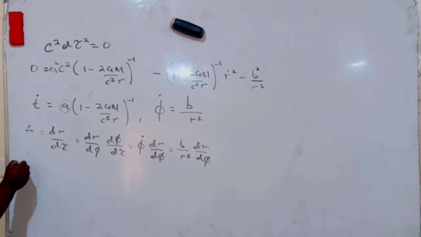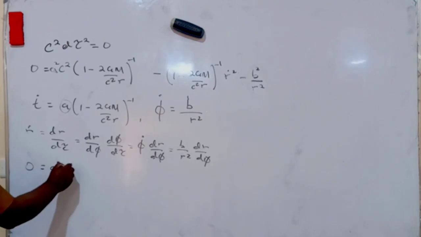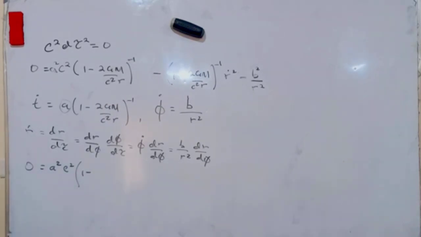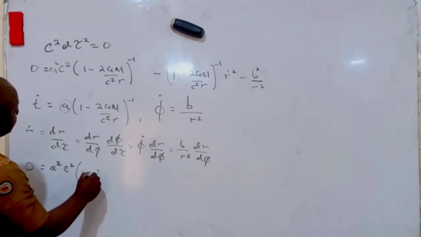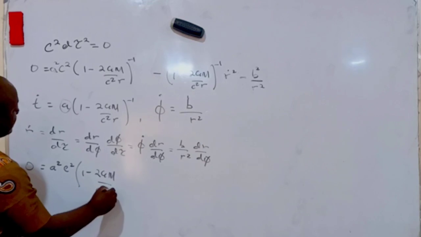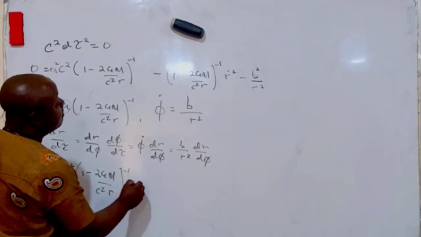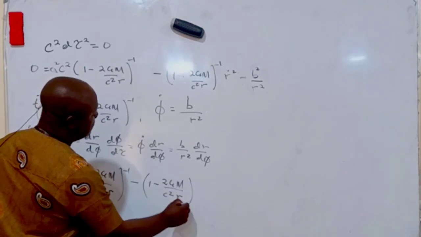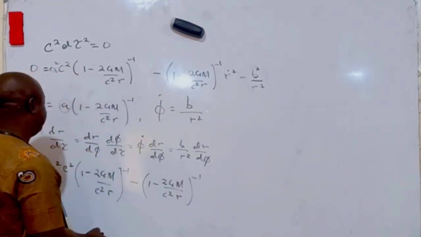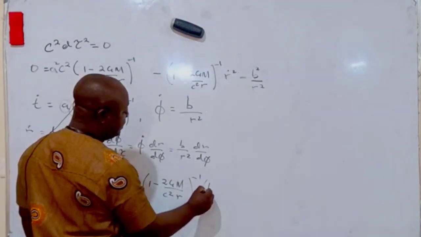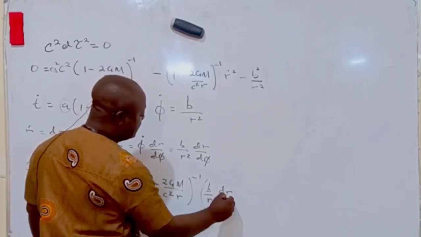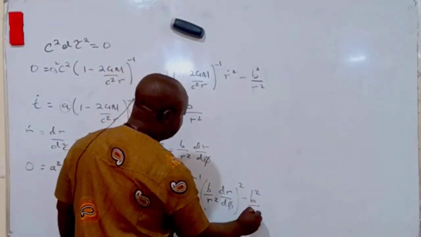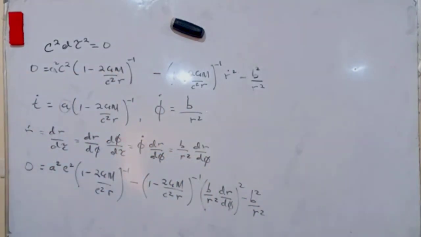So substituting that into that equation, we are going to have 0 equal to a squared c squared into 1 minus 2gm over c squared r to the power minus 1, and in place of my r dot squared, I will put b over r squared dr by d phi, all of that squared, minus b squared over r squared.